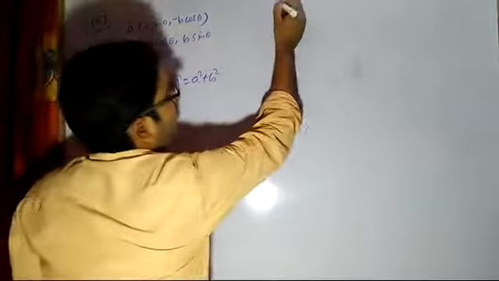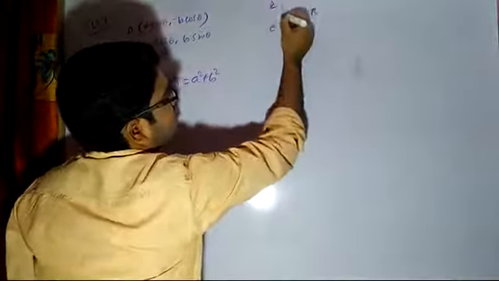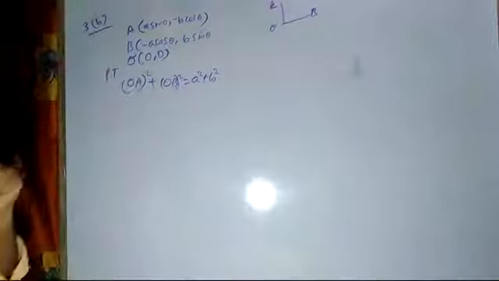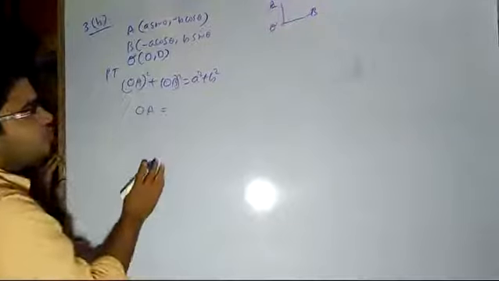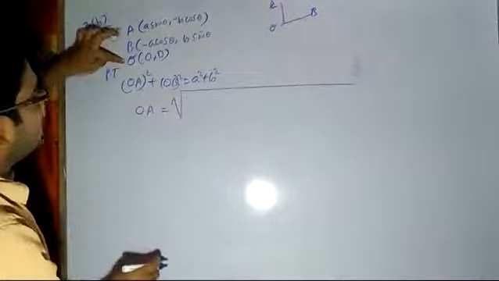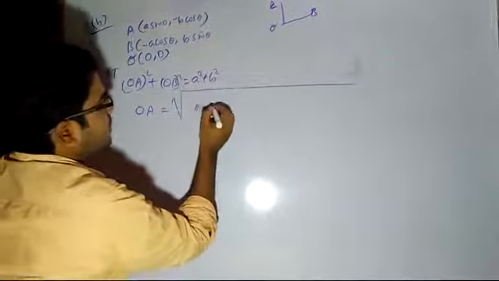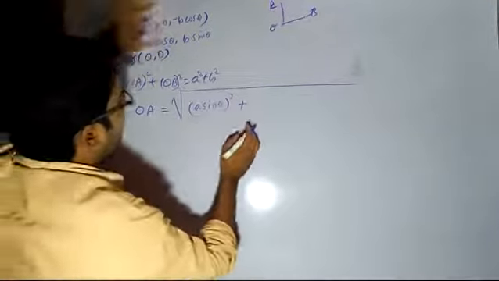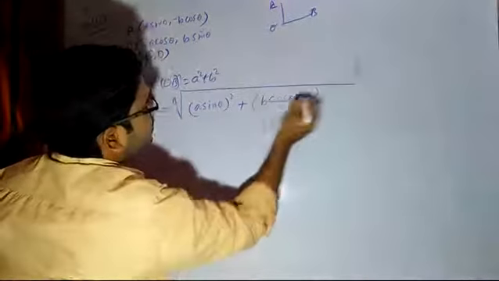Now suppose I have a point A here, B here, and this is the origin. So what is the distance OA? Origin to this point. So OA is equal to root under, the distance between O and A will be a sin theta minus 0, which means a sin theta whole square, plus 0 minus minus b, which is plus b cos theta, whole square.